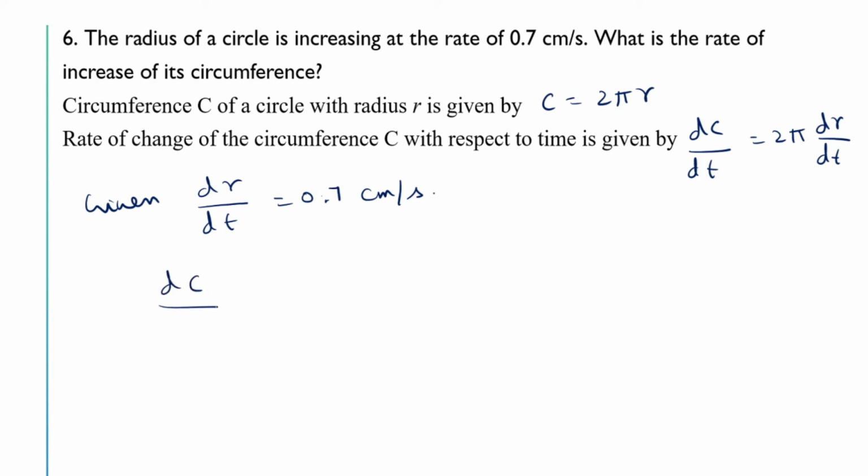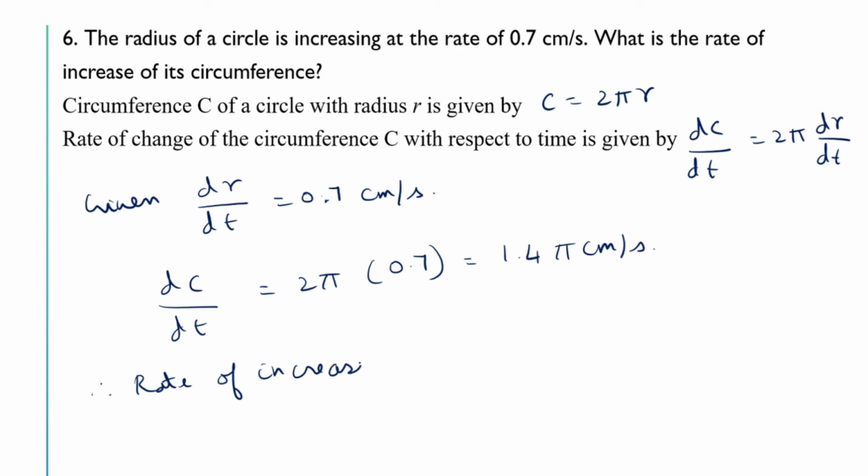So dC by dt will be 2 pi into dr by dt, which is equal to 1.4 pi centimeter per second. Therefore, the rate of increase in its circumference is 1.4 pi centimeter per second.